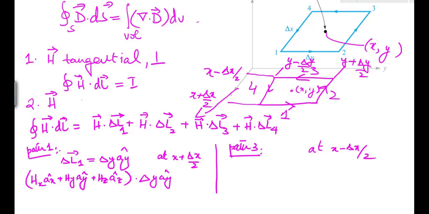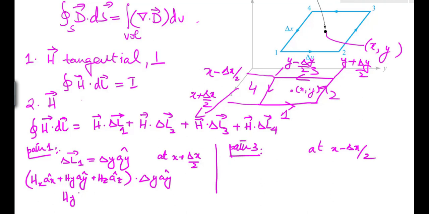So either you solve this dot product, or you use the concept of the tangential component. You must have this concept. The tangential component of the magnetic field intensity will be present.